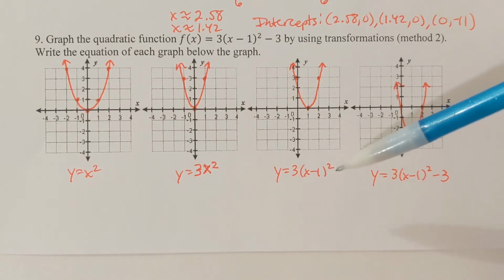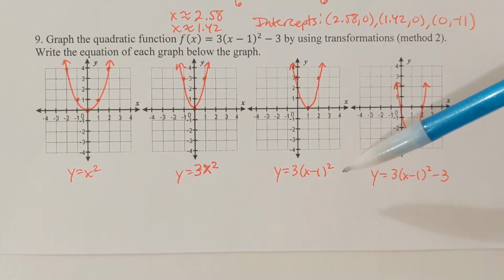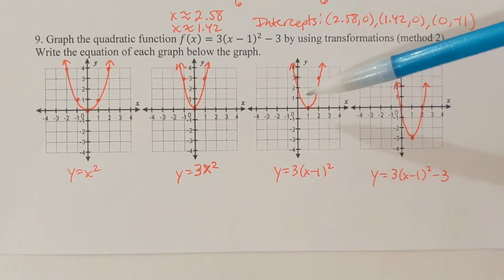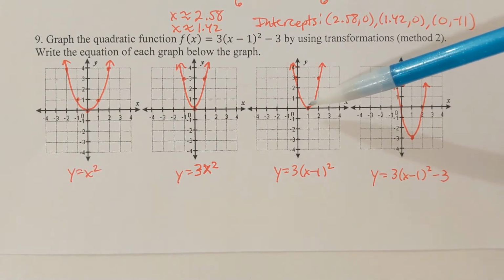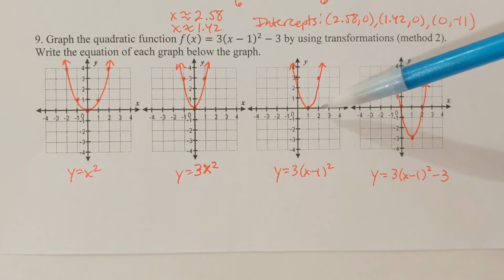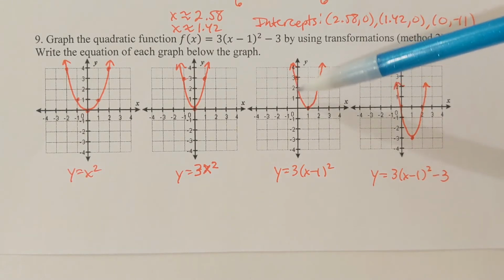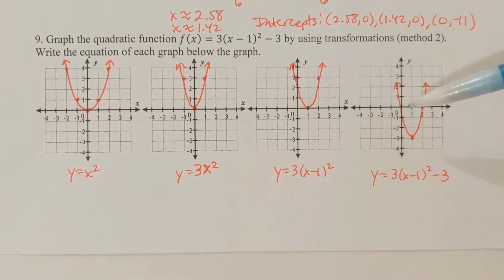Y equals 3 times x minus 1 squared means I'm going to shift to the right 1 unit, and okay, 0, 0 is going to be at 1, 0. 1, 3 is going to be at 2, 3, and negative 1, 3 is going to be at 0, 3.